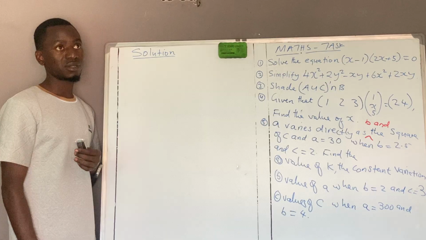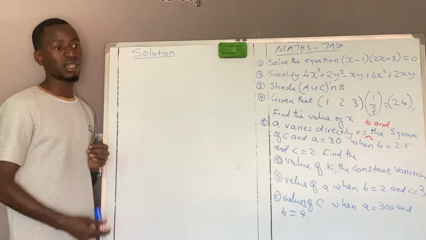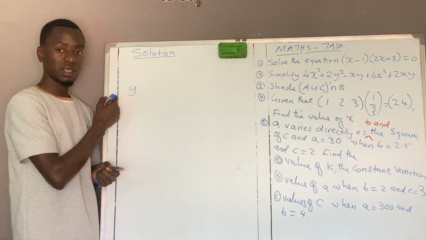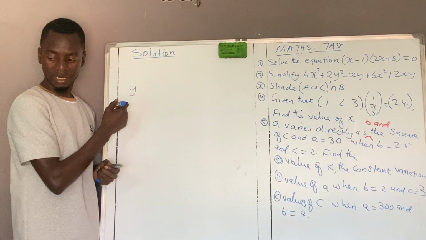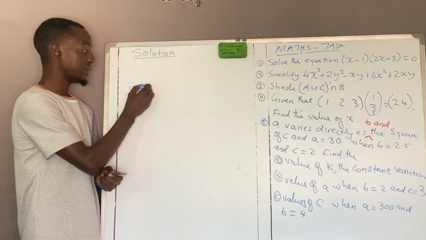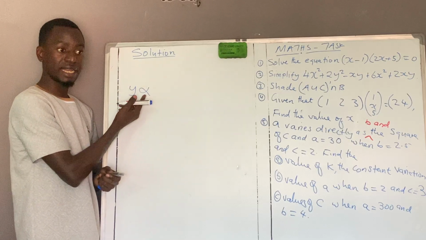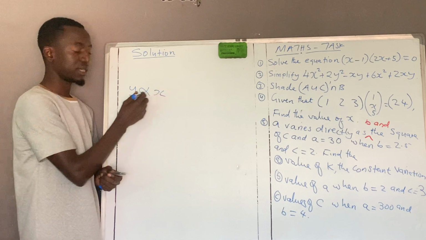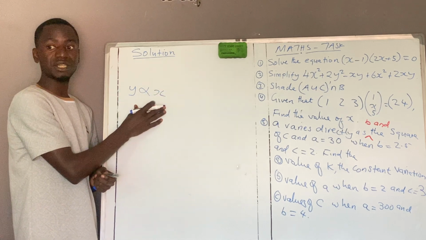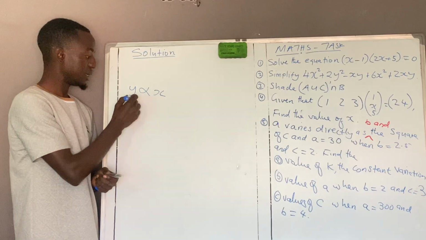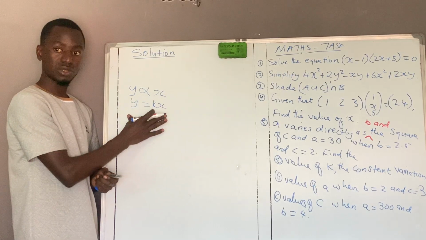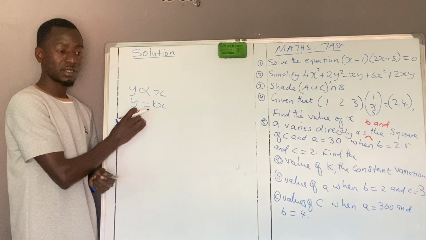For example, when they say y varies directly as x, this is how you write it. But now the equation will be y is equal to what? y = kx. So this one is the equation.